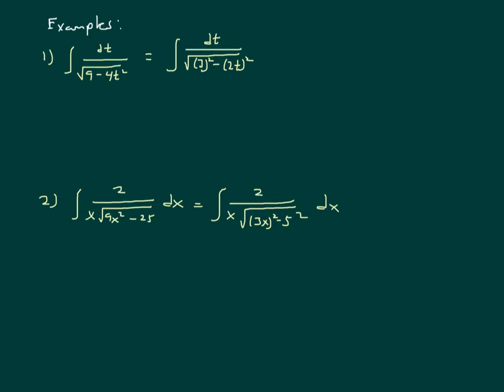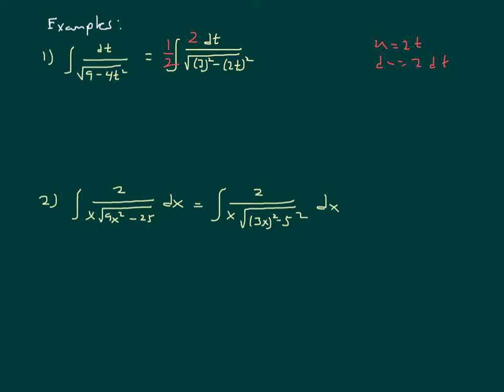So what I'm going to do on this one is let u equal 2t, and therefore du is going to be 2 dt. Well, notice I don't have the 2, so I can put the 2 there, but remember, if I put a 2 there, I have to have a 1/2 on the outside. Now this is all in the form of the arcsine function.